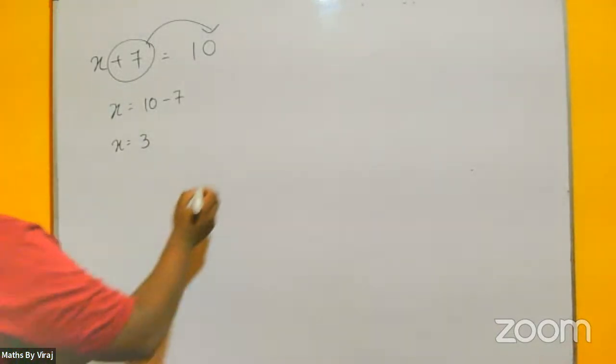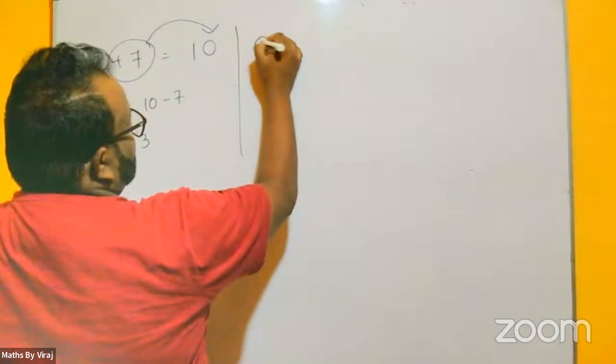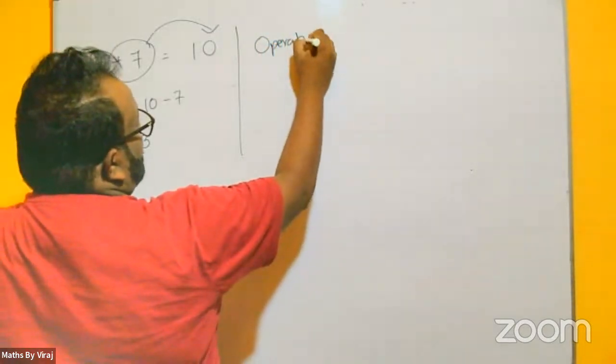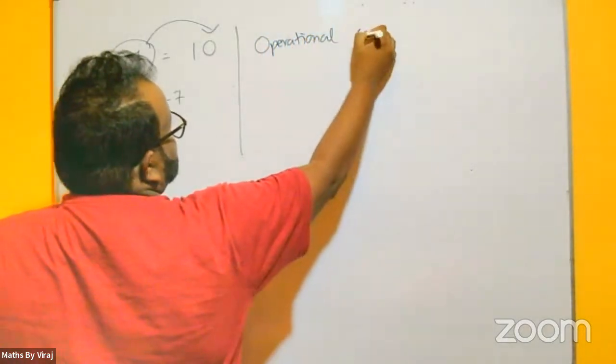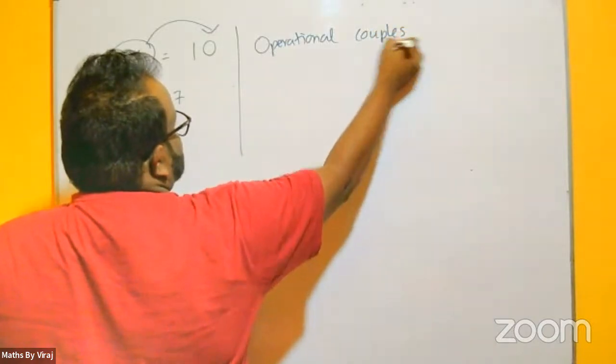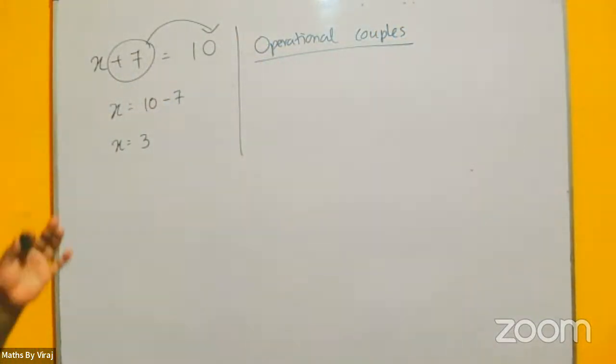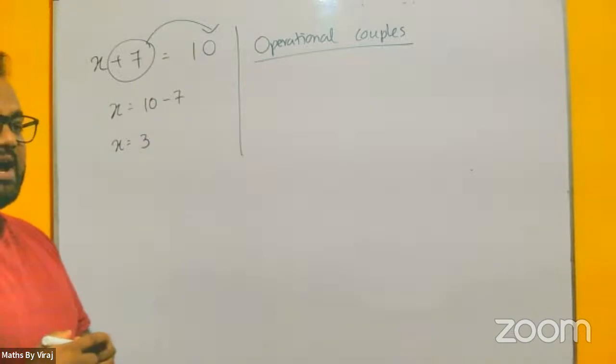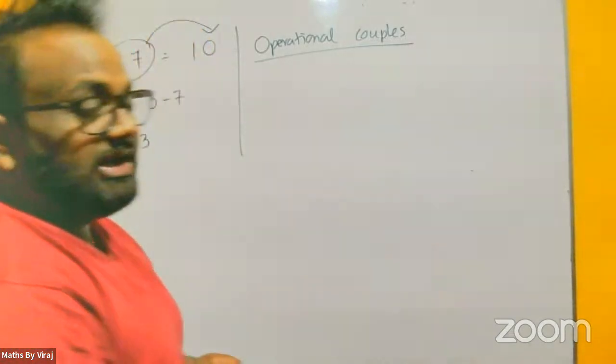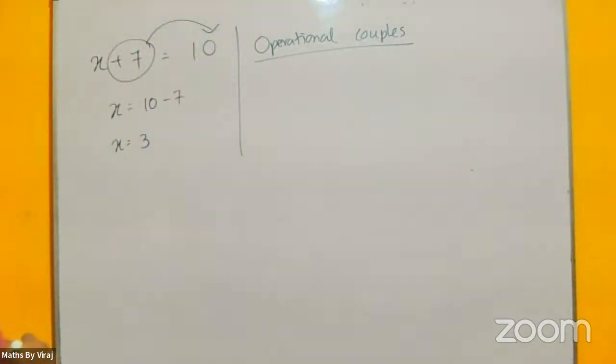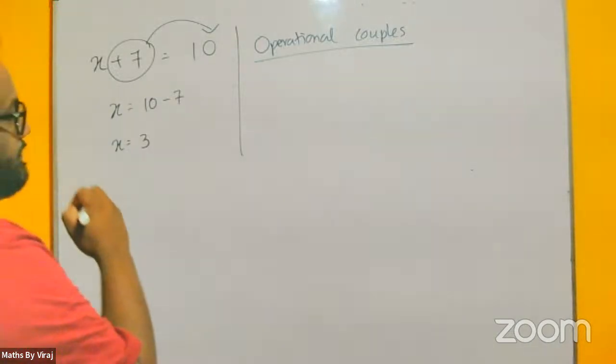But remember, children, there are some things that are known as operational couples. Now, these terms are not to be found in any textbook or whatsoever. I am giving this to you so that you all can understand them easily. What are operational couples?